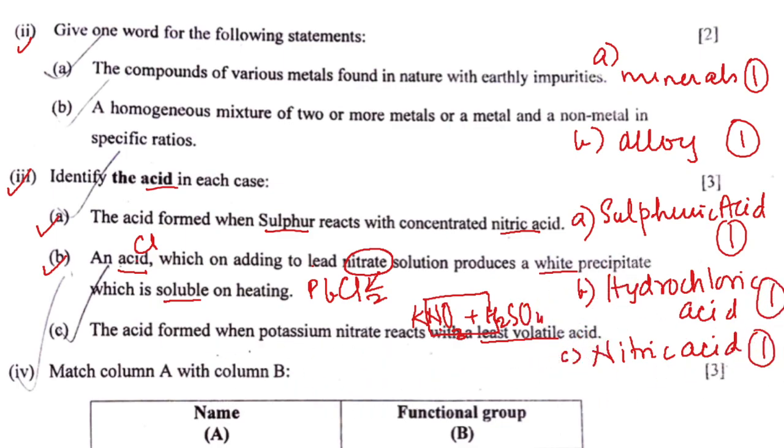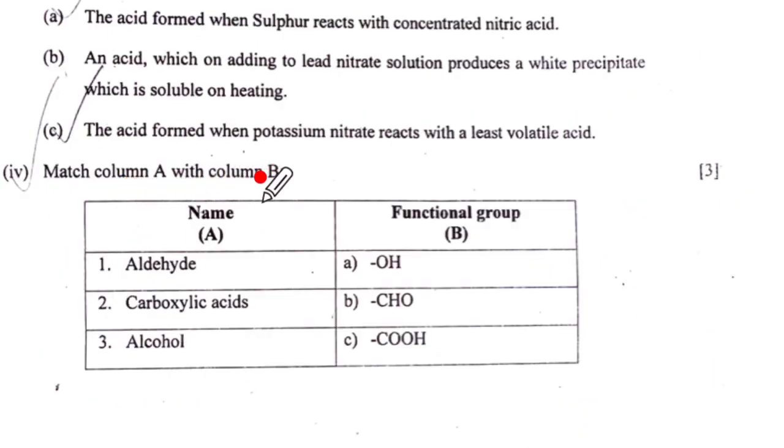Let us come to the fourth subpart. Match the column A with column B, and they have given us A, B, C. Of course I don't have space here, but I'll just tell you in short what you should do. We have column A and column B, and we have 1, 2 and 3.